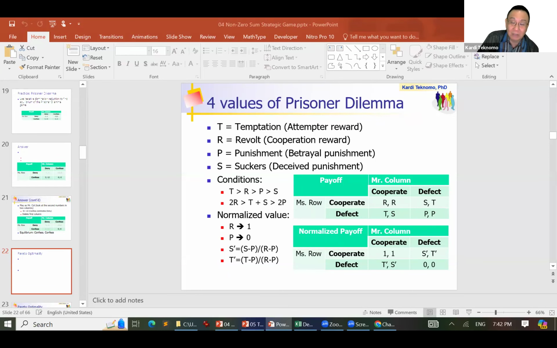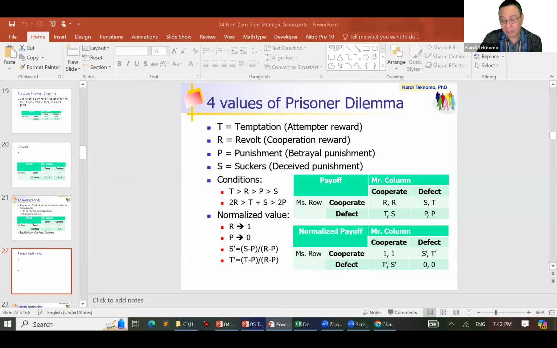We call them T, R, P, S. T means temptation, the reward for defecting. R means the reward for cooperation. P means the punishment for betrayal, and S is the sucker's payoff, the punishment for being deceived. So with that, you can set up any value for prisoner's dilemma games. You can also normalize this so that cooperate becomes 1 and 1, and the minimum becomes 0 and 0.